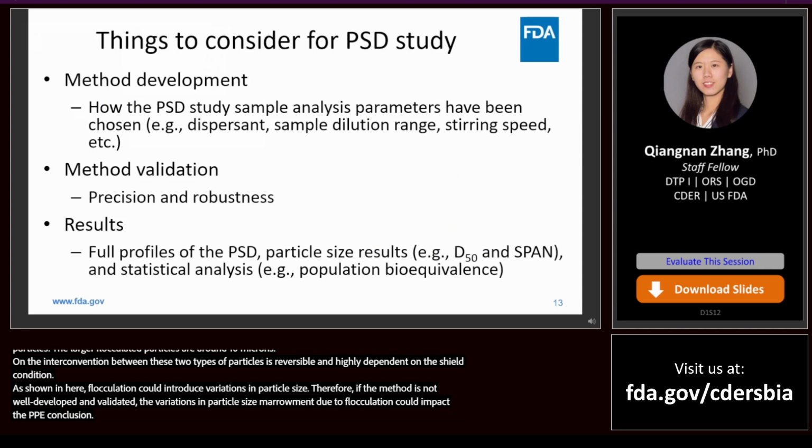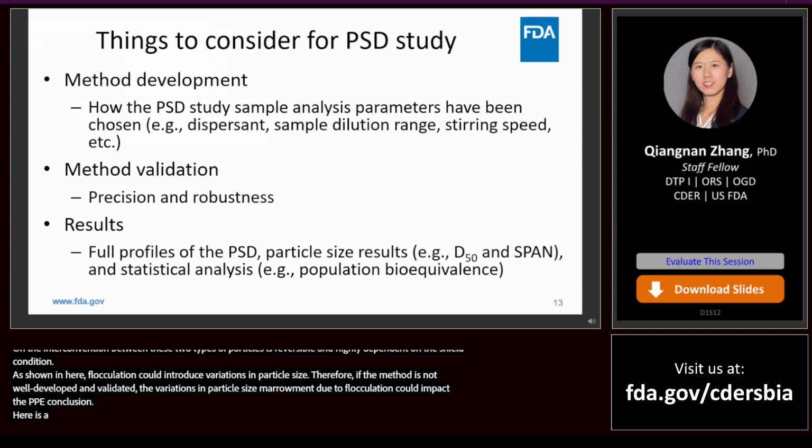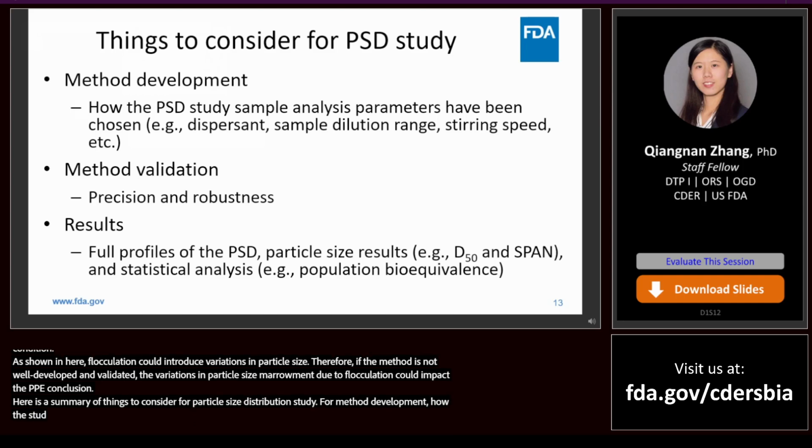Here is a summary of things to consider for particle size distribution study. For method development, how the study analysis parameters have been chosen should be included. For example, how the dispersant, sample dilution range, and stirring speed were selected for measurement.